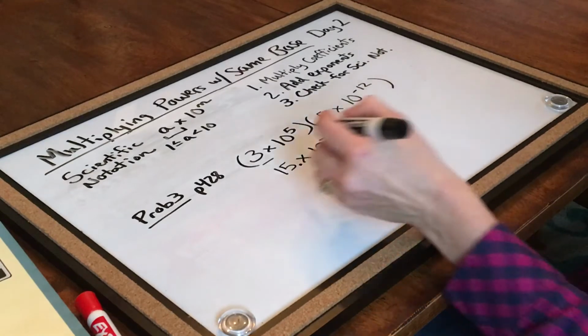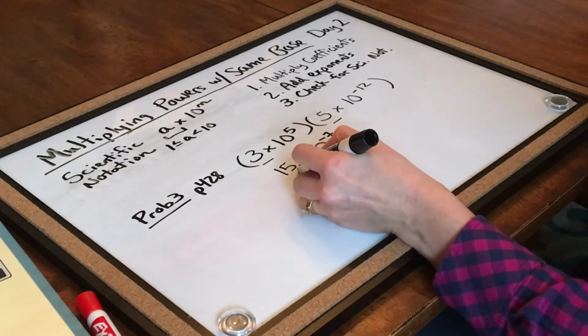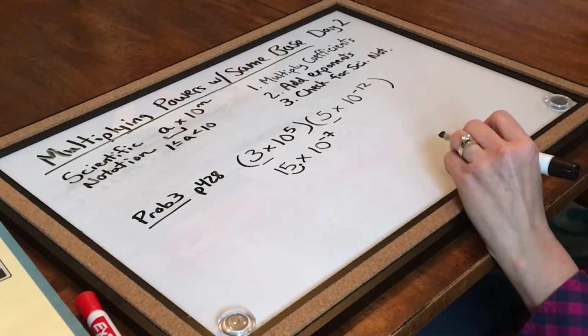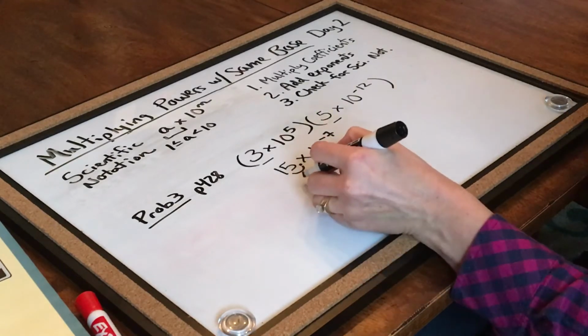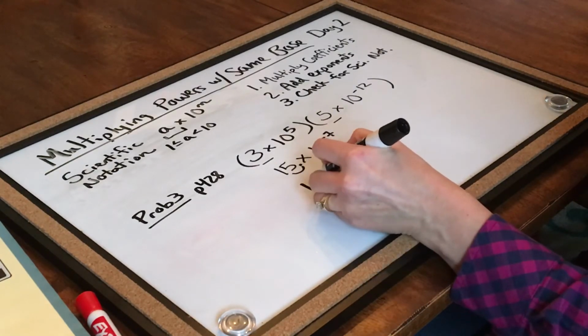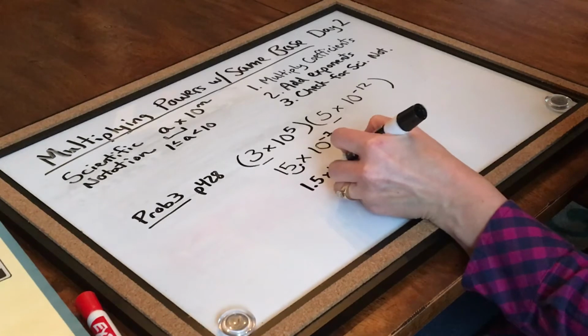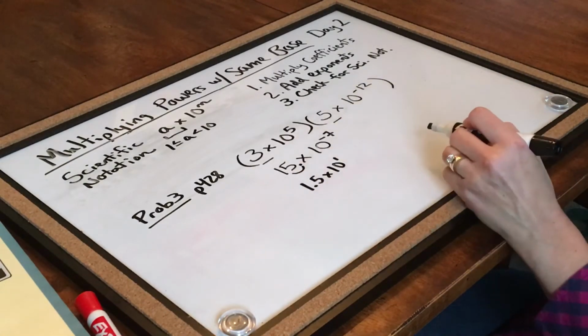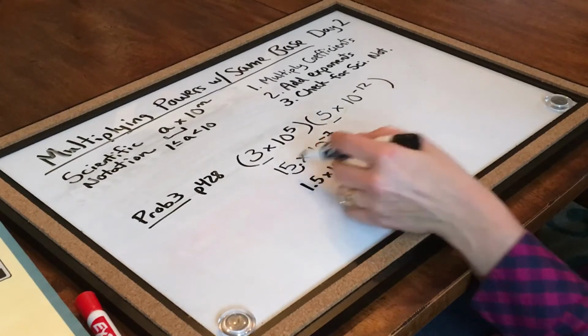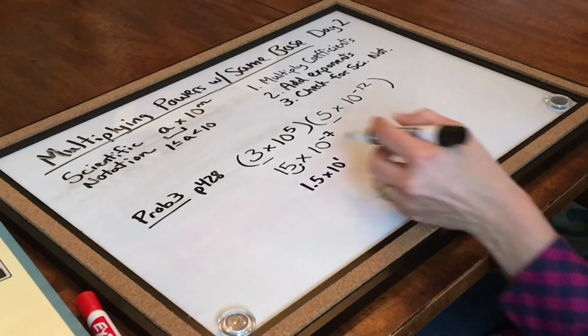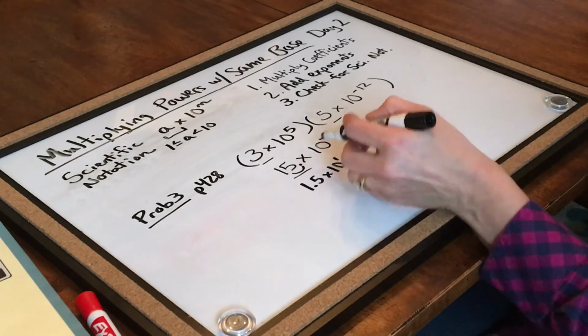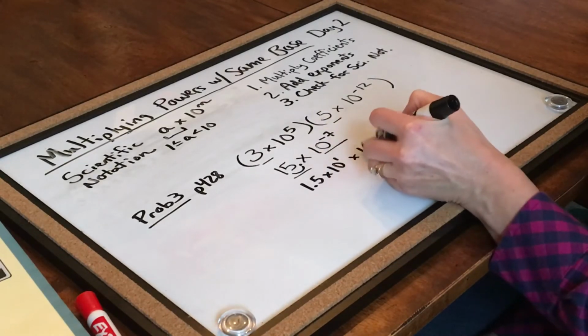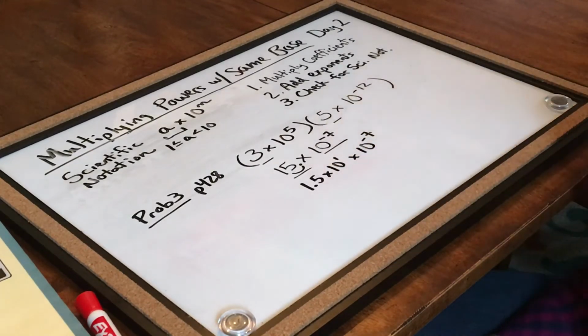I'm going to move my decimal place 1 time, to turn it into scientific notation. Now I have 1.5 times 10 to the 1st power, because I did 1 move, and 1.5 times 10 to the 1st power would give me 15. I still have to multiply by my 10 to the negative 7.